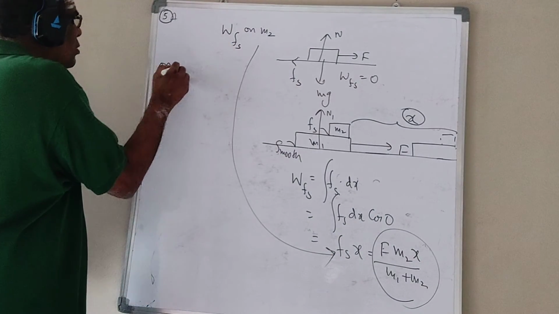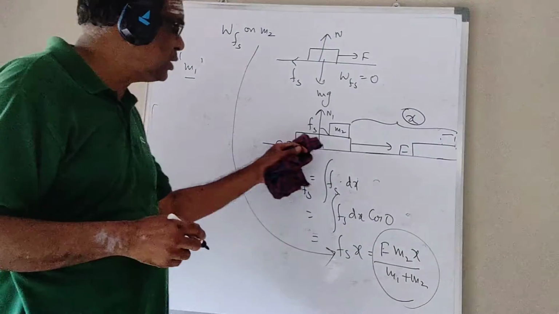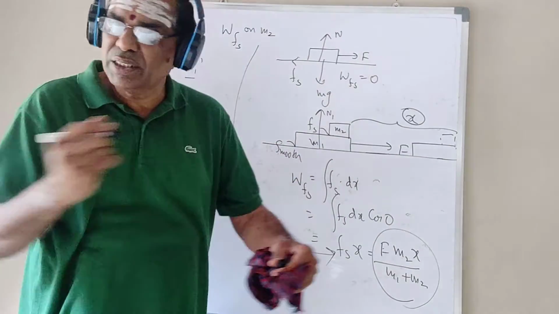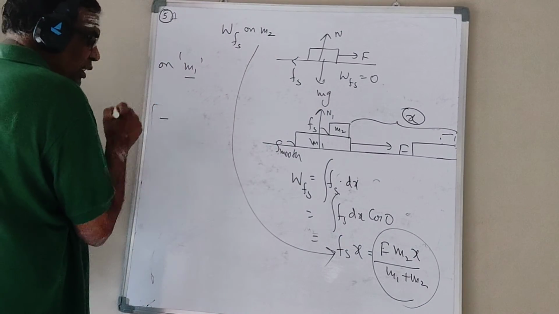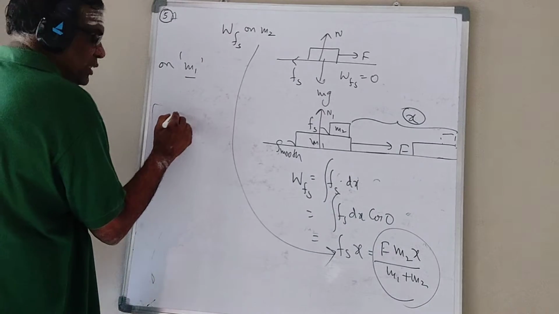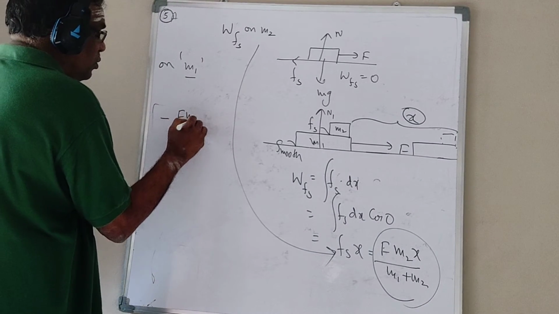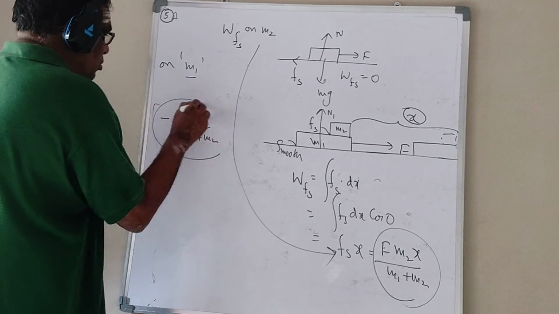On M1, same displacement, but frictional force is opposite, therefore minus Fs x, F M2 x by M1 plus M2.